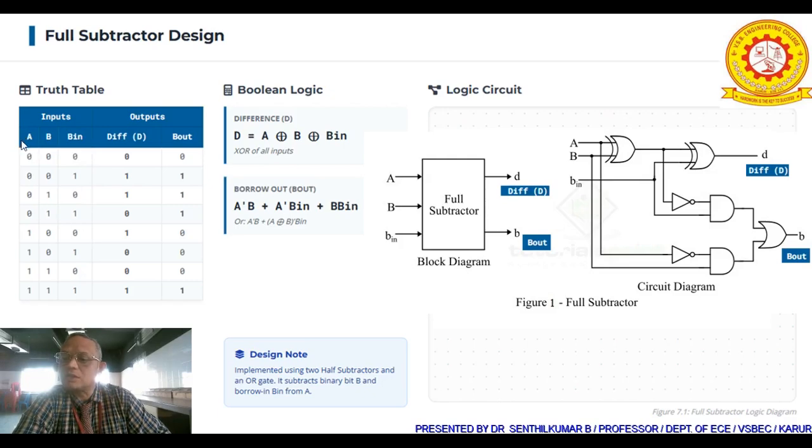Accordingly there are eight different unique inputs, so there will be eight different unique outputs also.